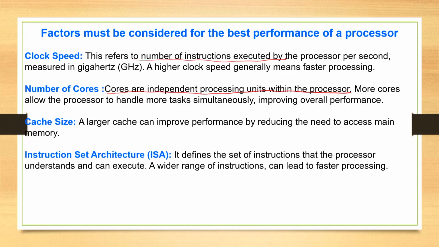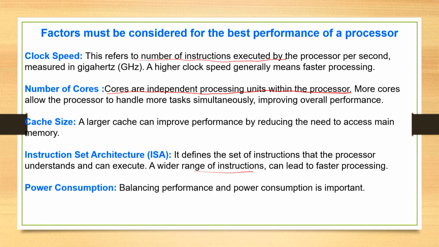In that way the access time for getting that data is reduced, and because of that the processing speed will be faster. Next is the instruction set architecture. It defines the set of instructions that the processor understands and can execute. If we have a wider range of instructions, then it can lead to faster processing.